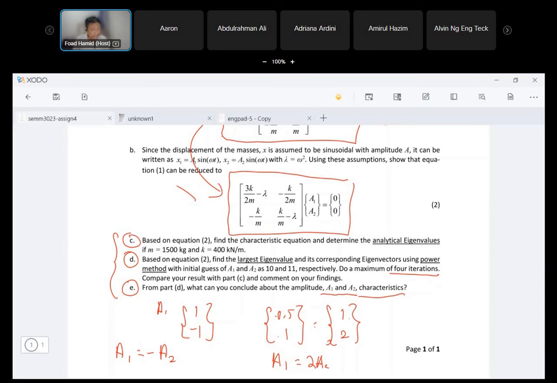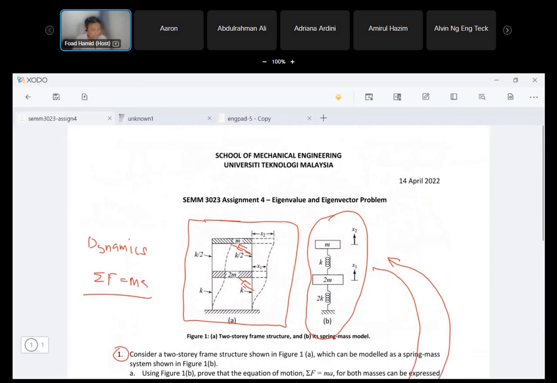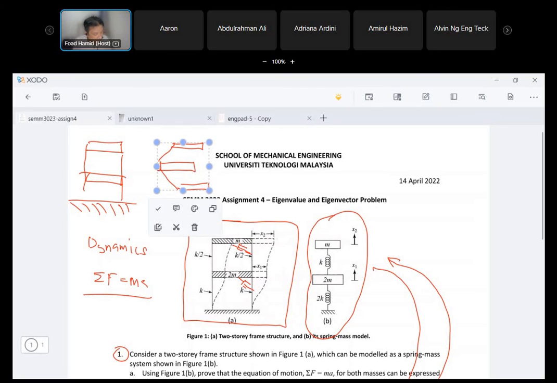So how do we interpret this graphically? Graphically, it is saying that if this is the building before any vibration, the building will take a shape like this when it is experiencing the largest eigenvalue. Oops, this is a bad drawing. Maybe I can draw it this way.